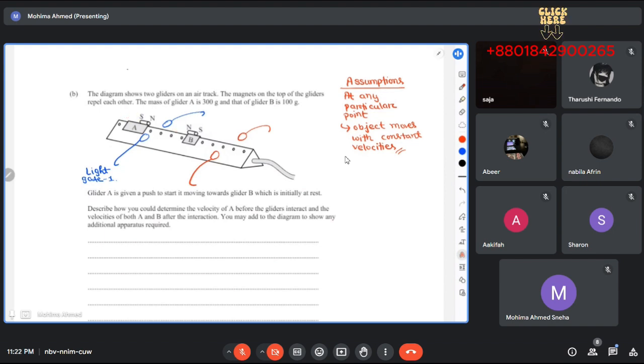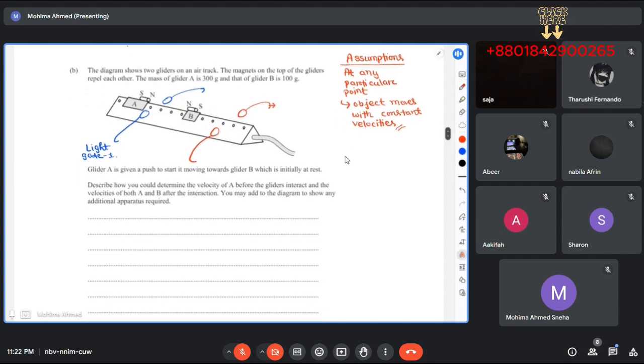So I can use light gate 1 entirely to find out the initial velocity of glider A, and again I can use light gate 1 to find out the final velocity of glider A. So there's no need of placing another different light gate to measure the final velocity of glider B, because glider B will move in the same backward direction. So I hope that's clear. This is your light gate 2, and this is what we're supposed to add to the diagram.